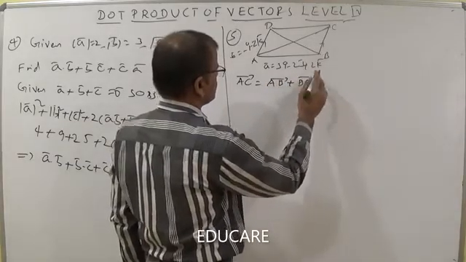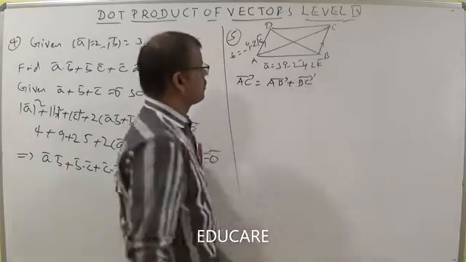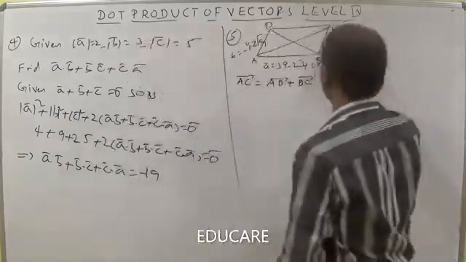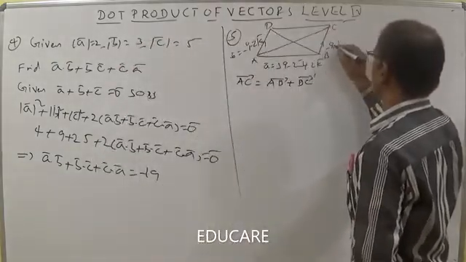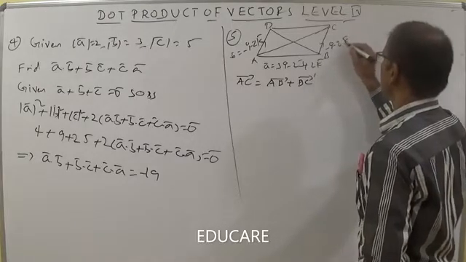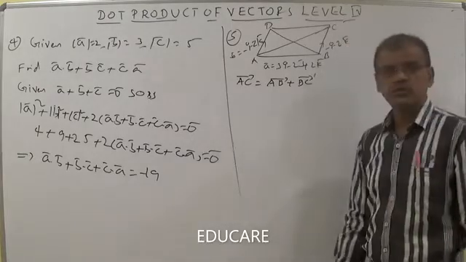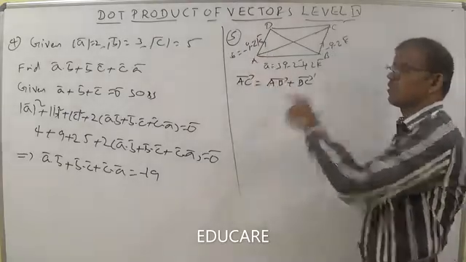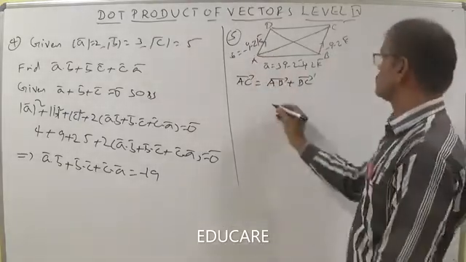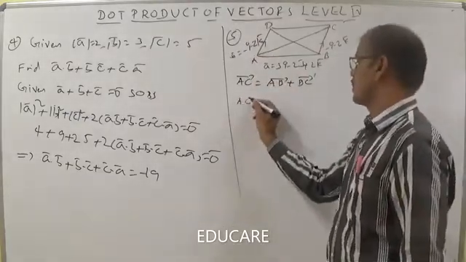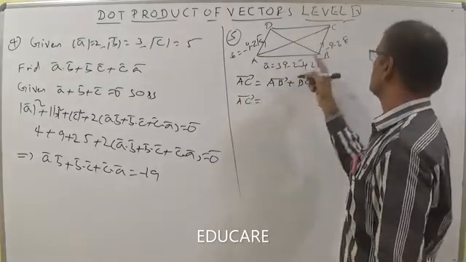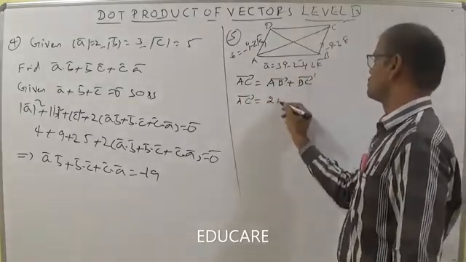So BC means also this one, minus i minus 2k, because in the parallelogram the two lines are parallel and also equal. So AC is equal to, add these two vectors, 3i minus i, it becomes 2i.